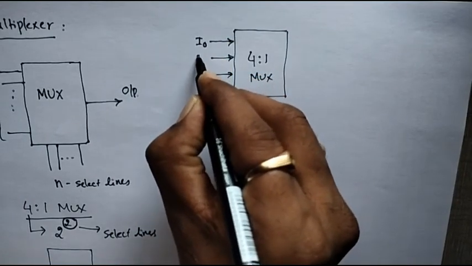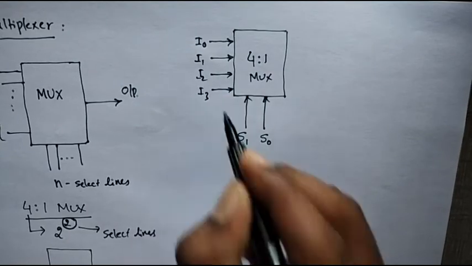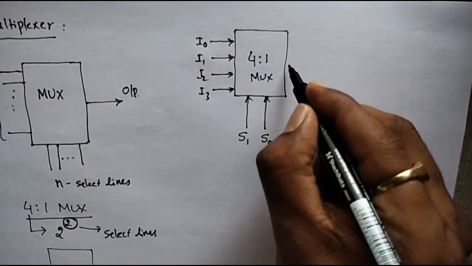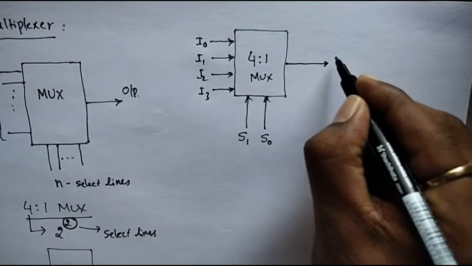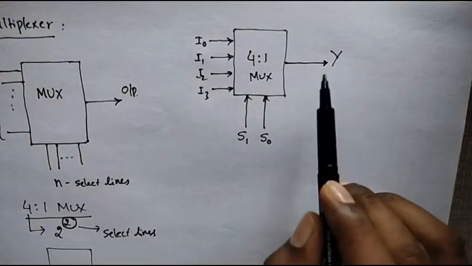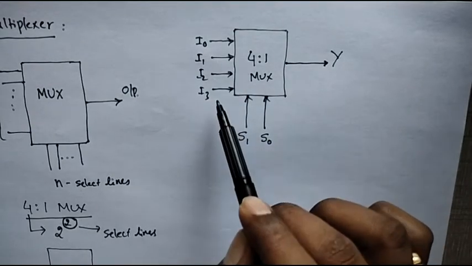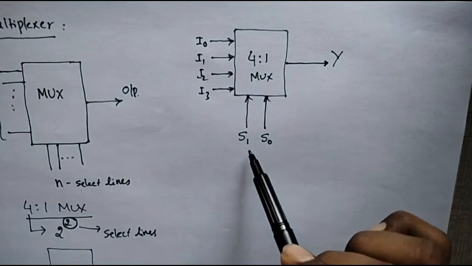Assume that I0, I1, I2 and I3 are the input lines, and it has only one output line Y. The multiplexer at any time selects any one of the inputs depending on the select lines.